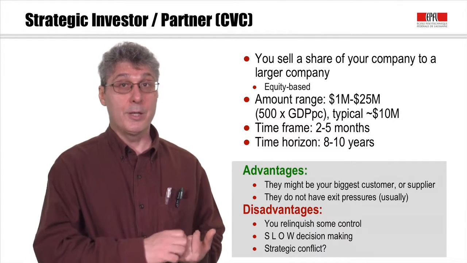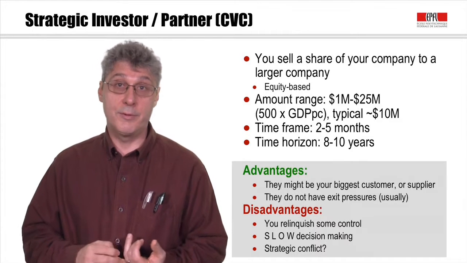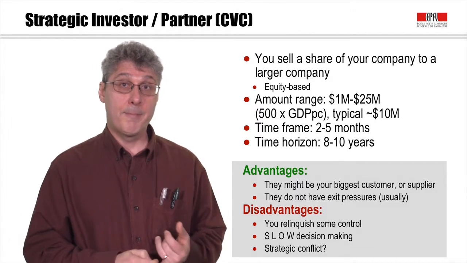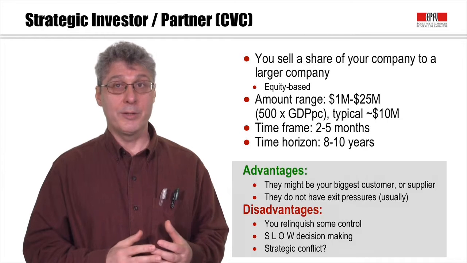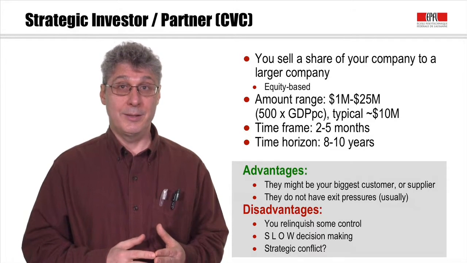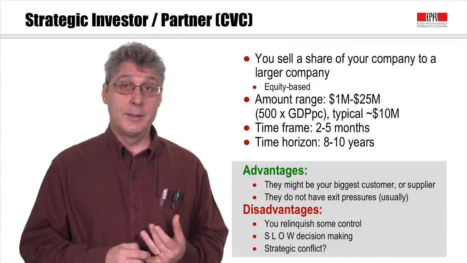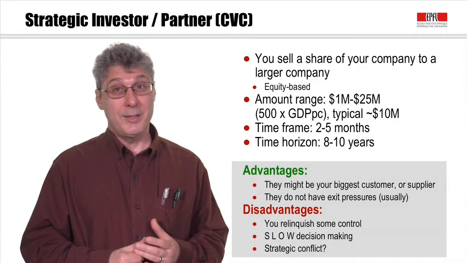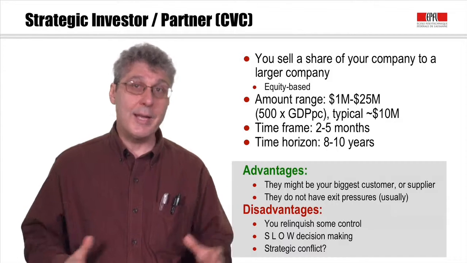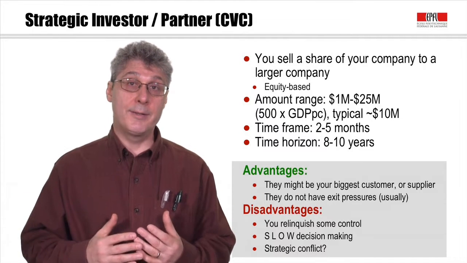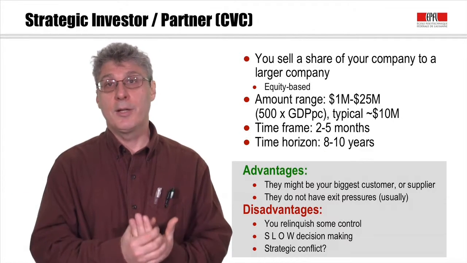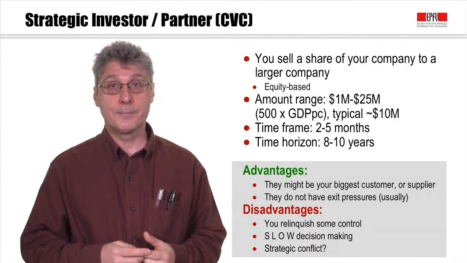Now, the amounts are usually relatively large for these kinds of transactions. So let's say 1 million to 25 million, that's 500 times GDP per capita. Quite a large amount. Typically, hard to say because it's a very big variance, but let's say on the order of $10 million.